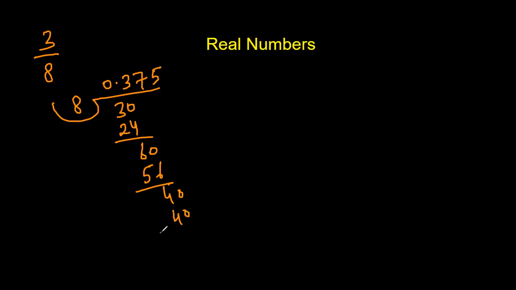Now see, there is another type of decimal which terminates after a certain number of steps. That means there is another number in the form of P by Q which terminates. So there was a number which did not terminate but the same digit repeatedly came up. There is another number which terminates after certain steps.